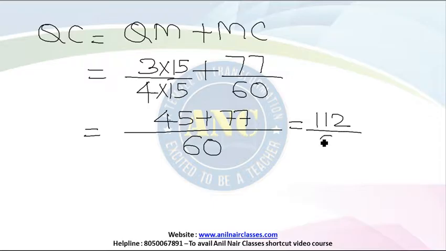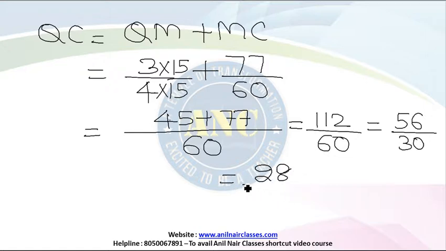112 divided by 60, it is 56 divided by 30. Further can be simplified as 28 divided by 15. 28 divided by 15 is what I am getting. Is it correct, sir?